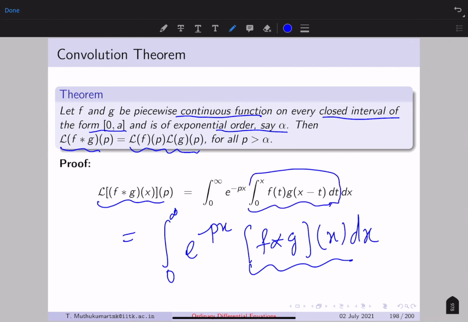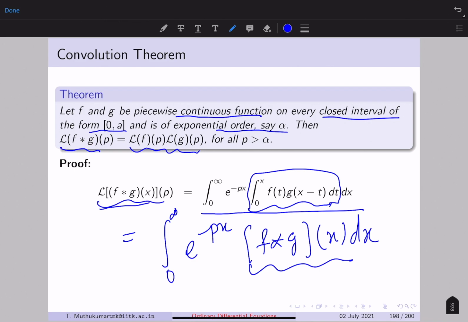That's just by the definition of the Laplace transform and the convolution definition. So you have the Laplace transform of f star g as this integral. Now here you have a double integral. What is the region of integration here? Here you see there are two variables, x and t.